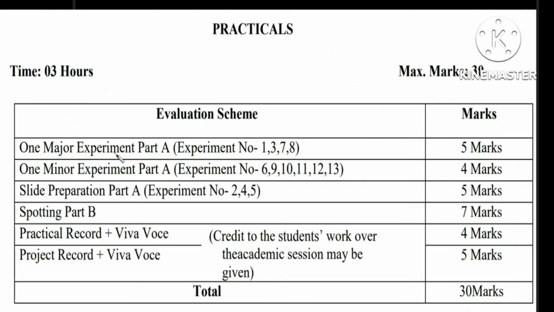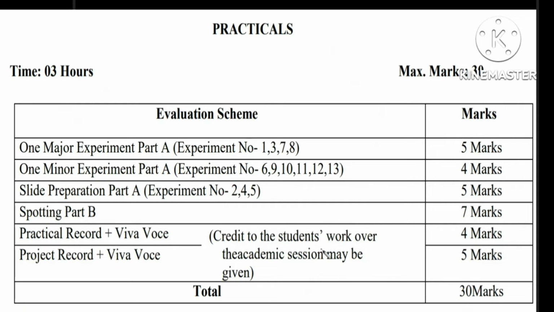Now there are suggestions here. Major experiment, what all experiments come inside that. Minor experiment, what all experiments come. And slide preparation, what all experiments come. The credit to the students' work over the academic session may be given.